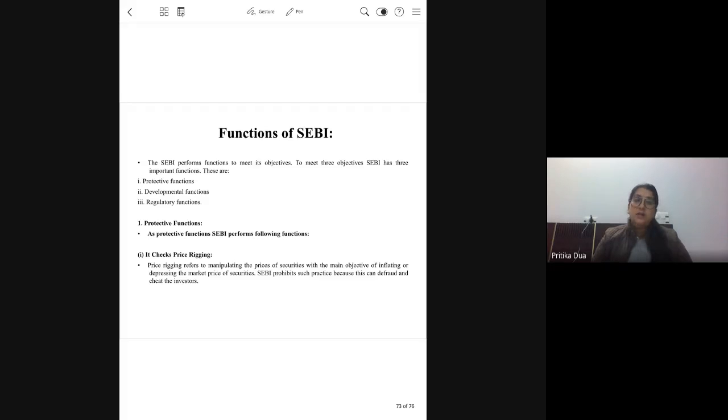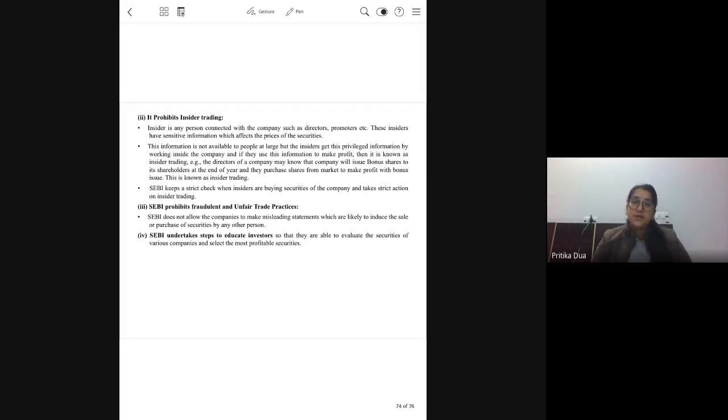Apart from that, it prohibits insider trading. No person who has key information, an insider to a company, should misuse those powers to make profits and manipulate the prices in the share market. All fraudulent and unfair trade practices are prohibited.